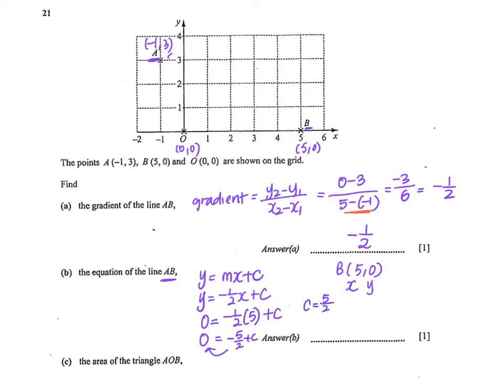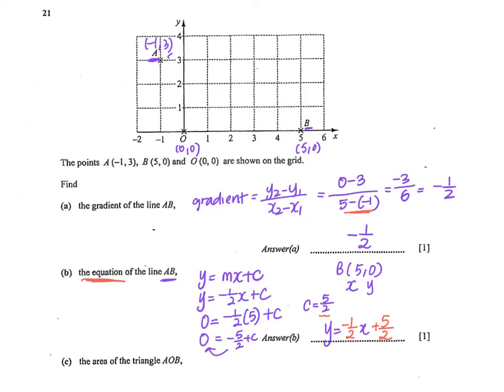But is this the final answer for the equation? No, right? The equation is given to be y equals mx plus c. So m is negative half x, and then the y-intercept c is 5 over 2. Do not write a mixed number. Do not write a decimal. Use an improper fraction.